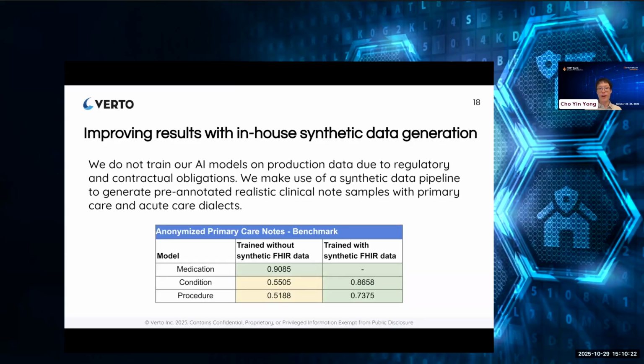Trained without synthetic FHIR data, 55 and 51% respectively. After running the same data on anonymized primary care notes, so these are production notes that we will never use for training, these are notes that we use for validation purposes, we were able to improve it by 0.2 to 0.3 percentage points.